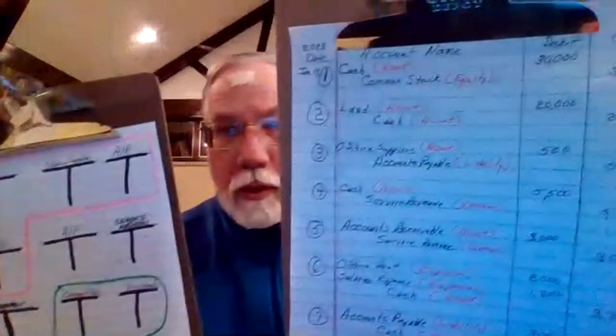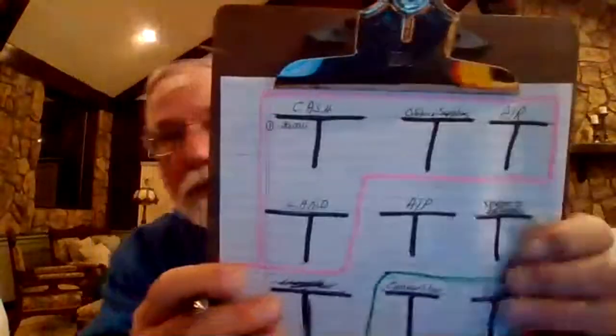If it's a credit in the general journal, it's going to be a credit in the general ledger account. So we have cash. So I'm going to put a circle here with a 1 in it, $30,000 debit. There's the cash debit, 30,000 in the cash account.